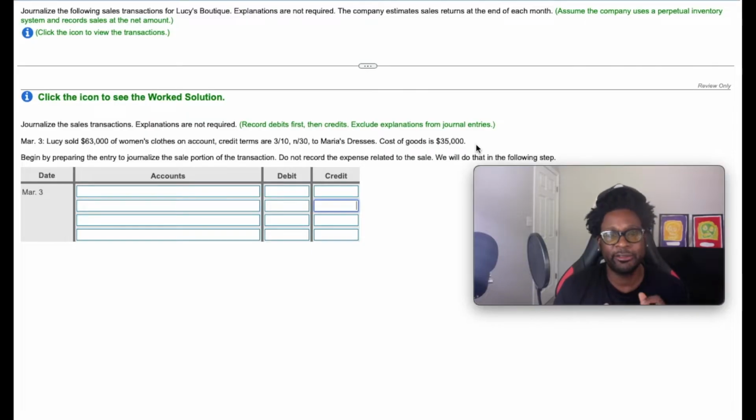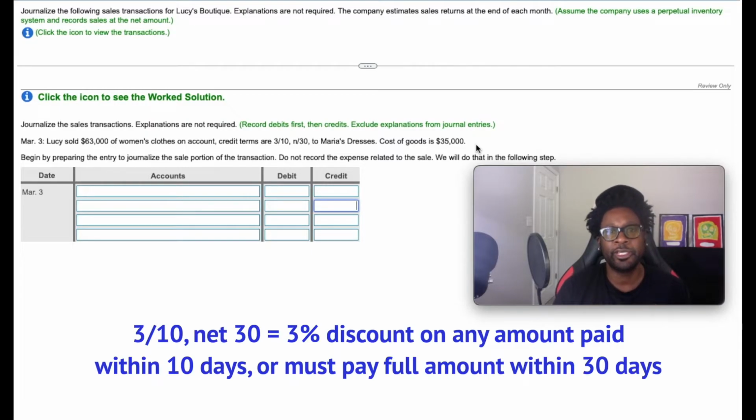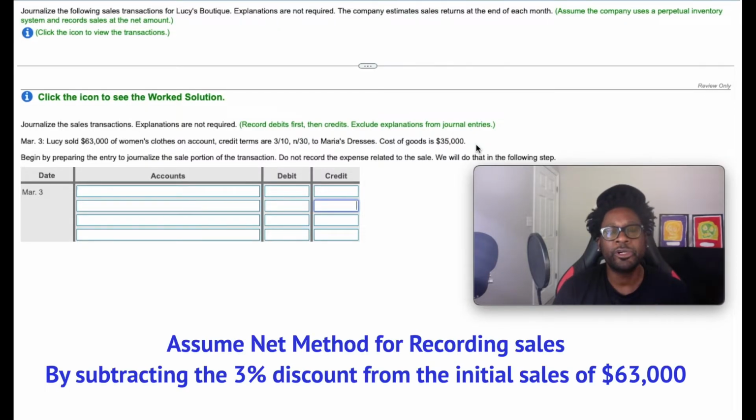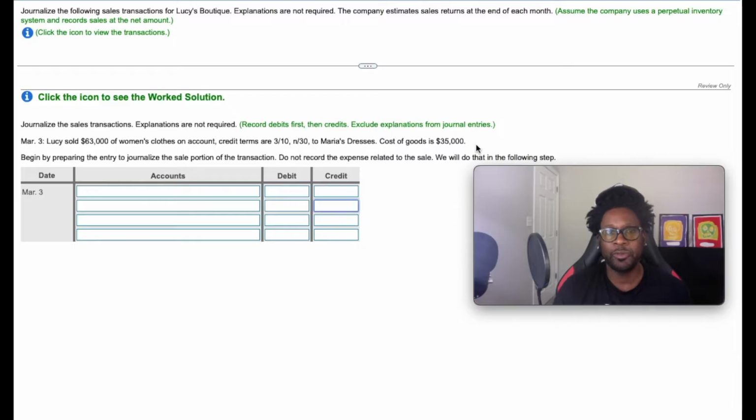Gang, these discount terms simply mean that we're going to give our customer a 3% discount if they pay within 10 days from today, or they have to pay their entire amount within 30 days. Now, since we're given a discount term for this particular sale, we're going to assume that the customer is going to take full advantage of the discount, which means we're going to net the discount from the initial sale of $63,000.